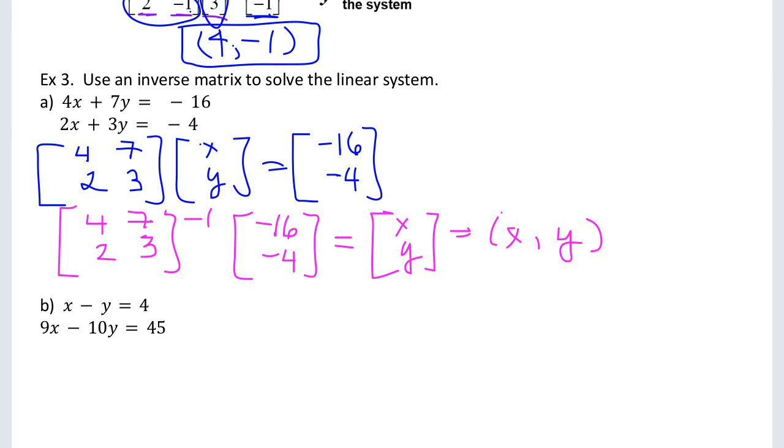So let's find it. So we have 1 over 12 minus 14 is -1/2. And then we're going to switcheroo these. 3, 4. Then change the signs of 7 and 2. So -7, -2.